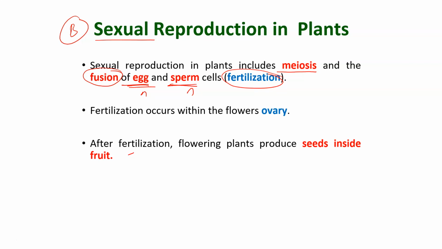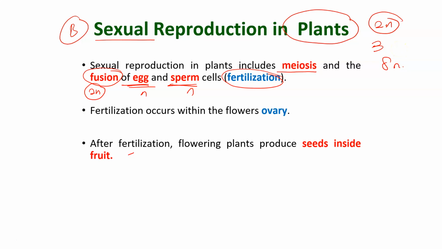When they fuse together, they form an embryo that can be diploid. Plants are not like humans or animals; they are diploid, but some plants are tetraploid, even up to 8N. So it depends on the organisms.